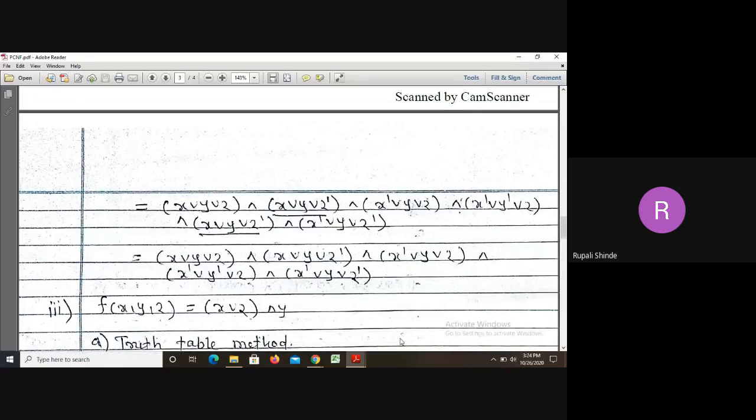So last lecture we have seen some examples based on PCNF, that is principal conjunctive normal form. Can anybody tell me how we can find PCNF using a truth table?